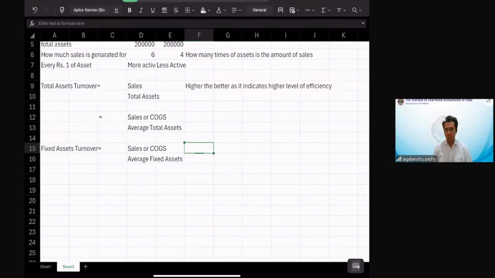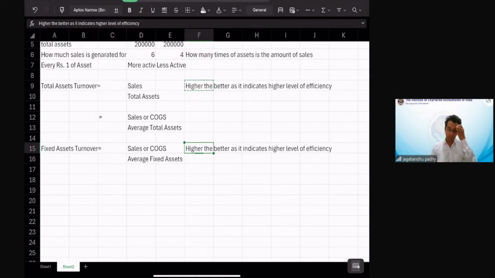What about fixed asset turnover? Fixed asset turnover, again the same thing. Higher the better, because it is going to indicate higher level of efficiency or more active use, right? The turnover means how many times of your denominator is the numerator.